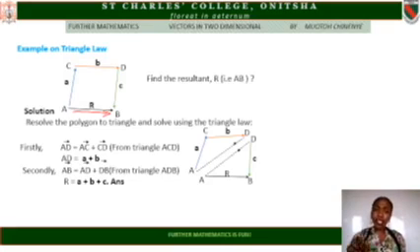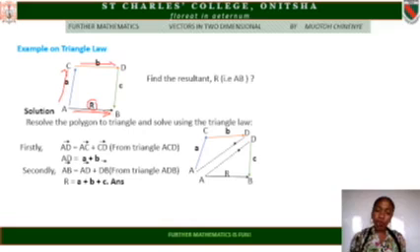Now, to get this vector AB, which is the resultant, we are going to resolve this four-sided polygon into triangles. The first triangle we are going to have there is triangle ACD. In triangle ACD, our targeted vector is how to make a movement from A and stop at D. So that is vector AD.